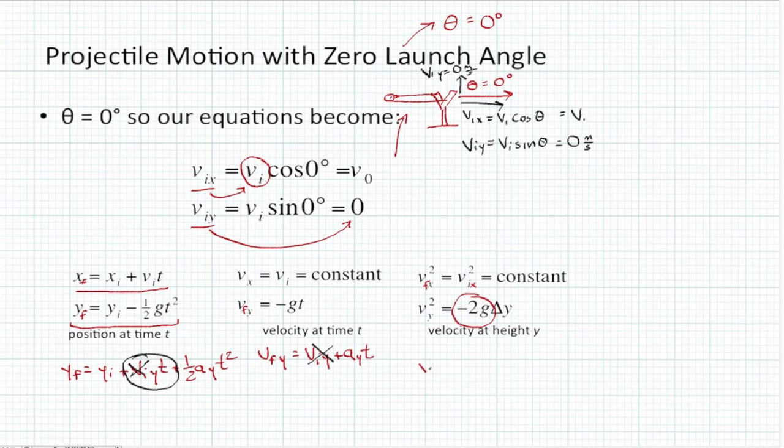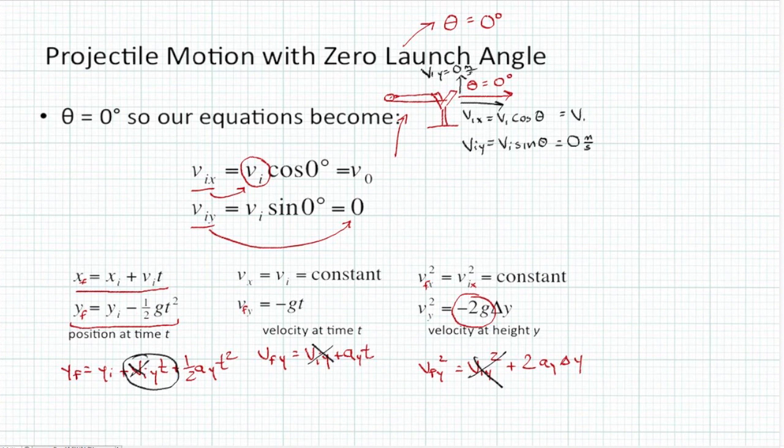So if we take final velocity y squared equals initial velocity of y squared plus 2 times acceleration in the y direction times displacement of y. Again, our initial velocity in the y direction is 0, so that goes away.